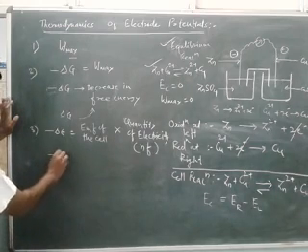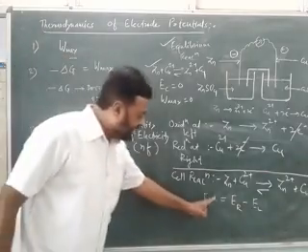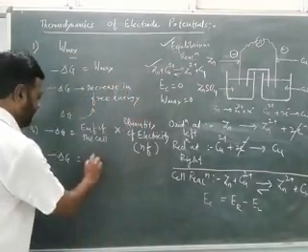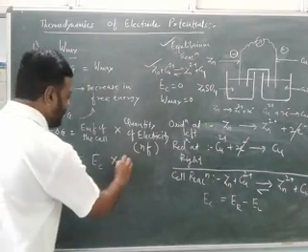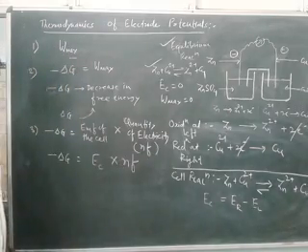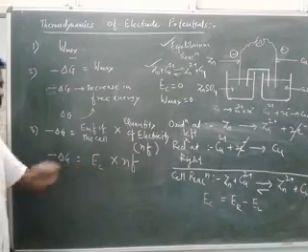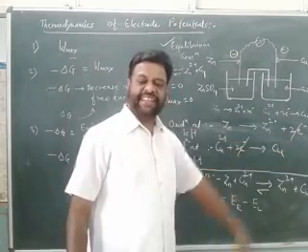So minus delta G is equal to EMF of the cell, that is Ec, multiplied by quantity of electricity nF. All of clear? n means number of electrons involved in the chemical reaction.